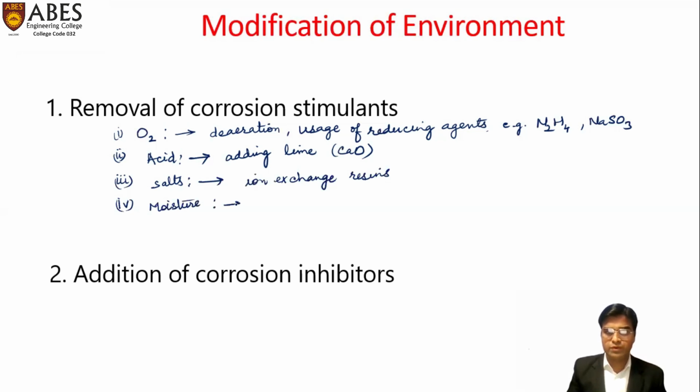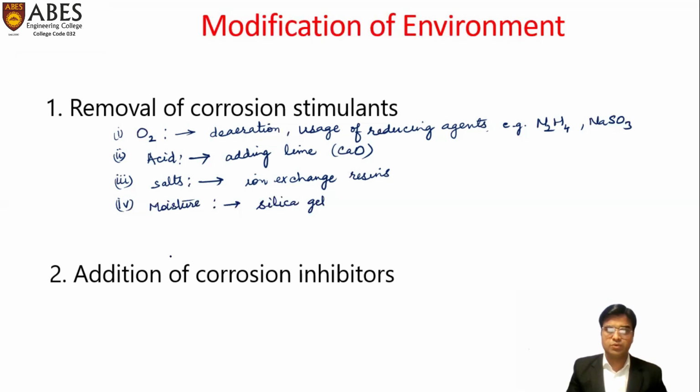Moisture can be removed by using silica gel. So these are the corrosion stimulants, and these can be removed to modify the corroding environment.